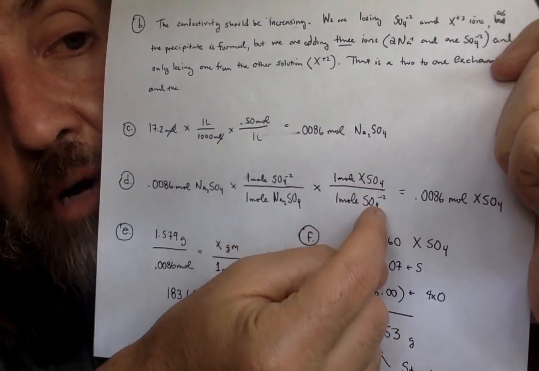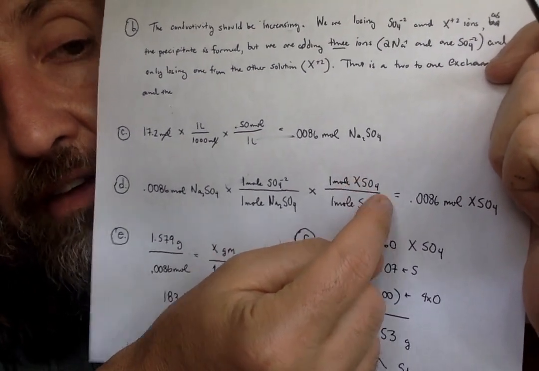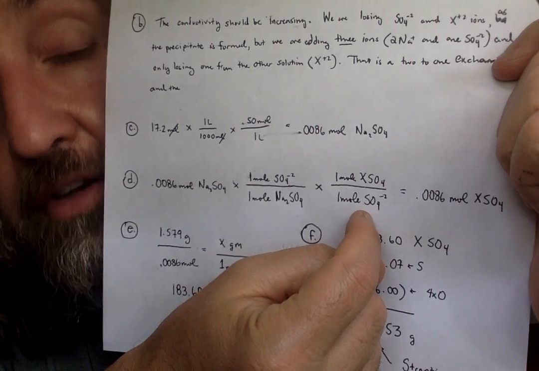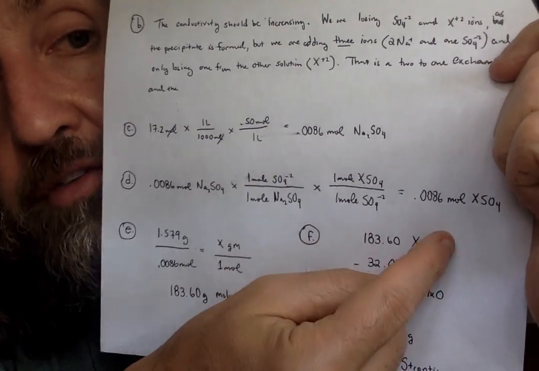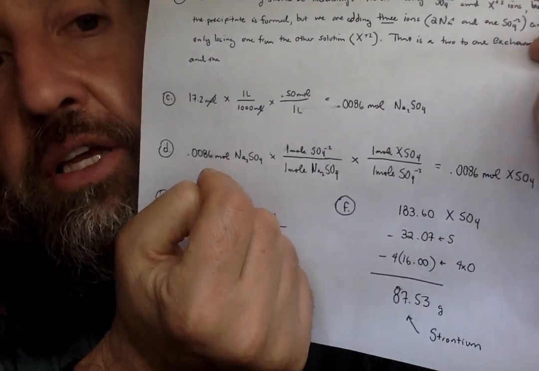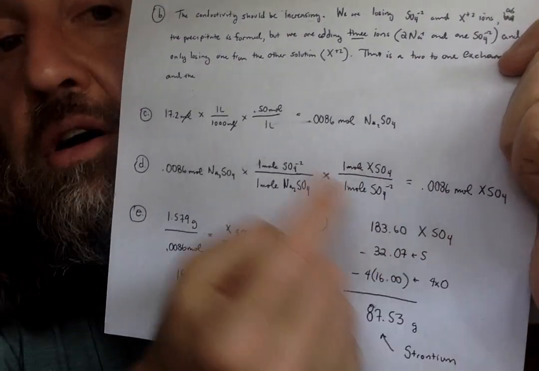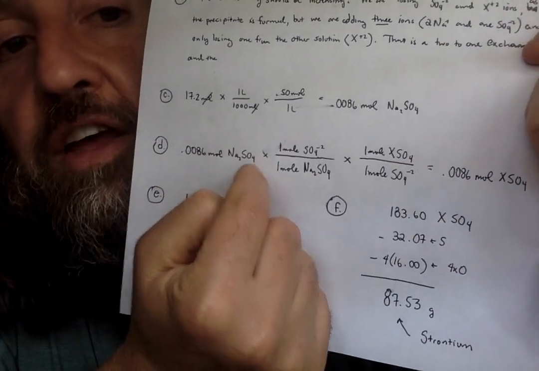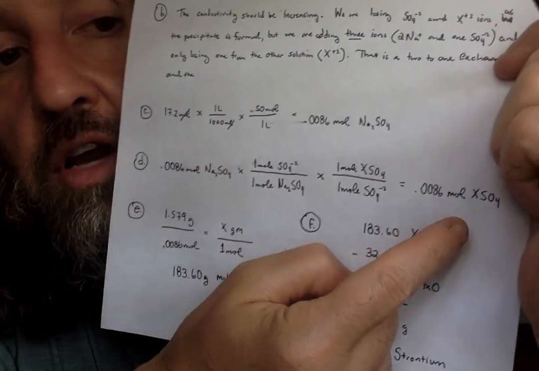And then in my new compound, that XSO4, I still have 1 mole of sulfate, which makes it really easy, which means I have the same amount of sulfate in Na2SO4 and the XSO4, which we would expect because we have 1 sulfate in both compounds.